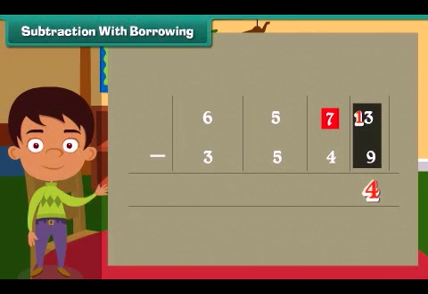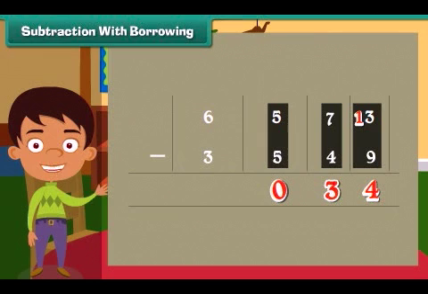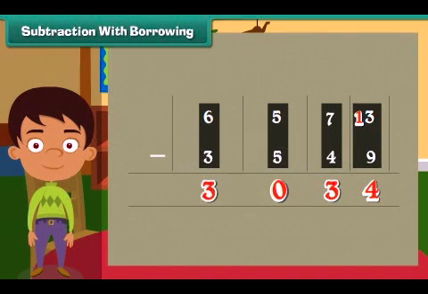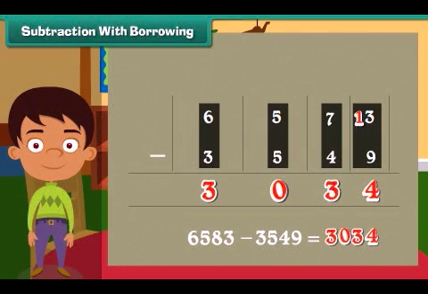We get 4. Subtract tens. 7 minus 4 is 3. Similarly, we now subtract hundreds. 5 minus 5 is 0. Subtract thousands. 6 minus 3 is equal to 3. So, 6583 minus 3549 is equal to 3034.